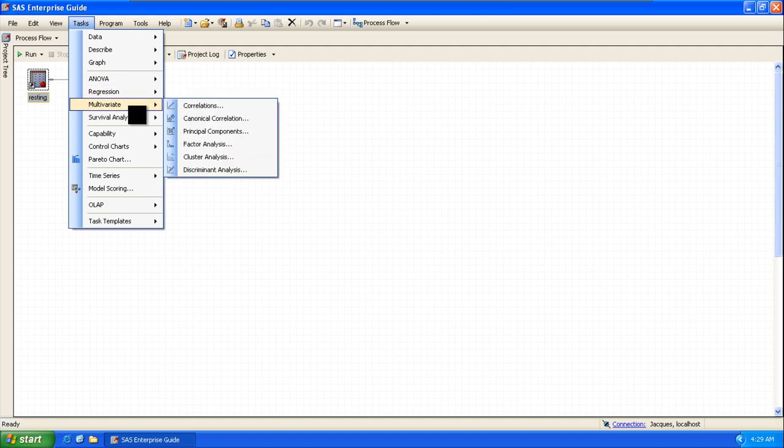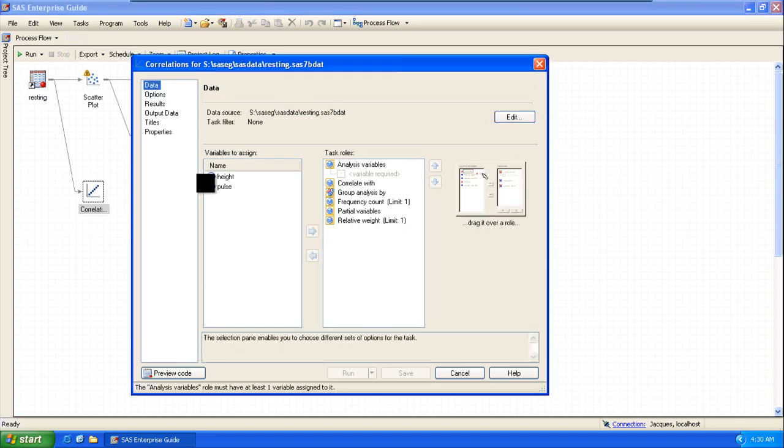See here, task, multivariate, correlations. We have two variables, height and pulse.